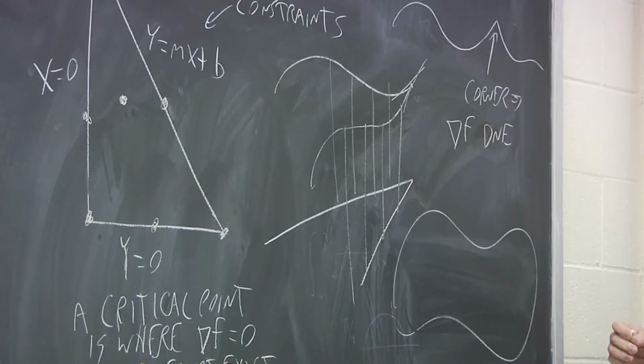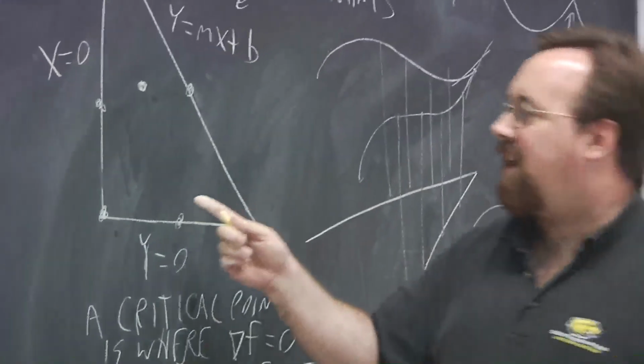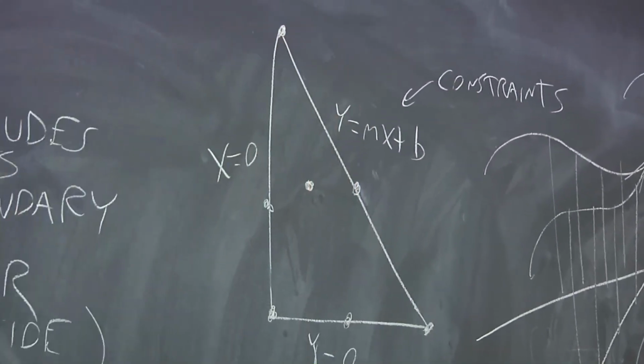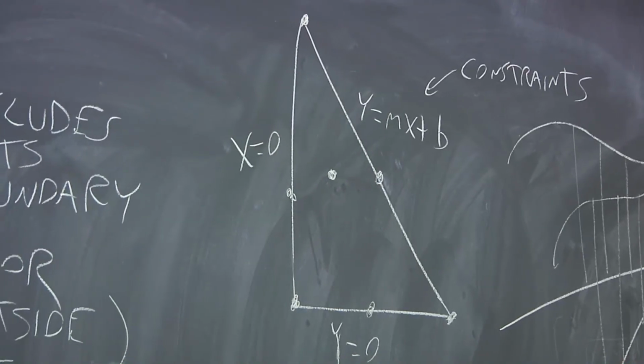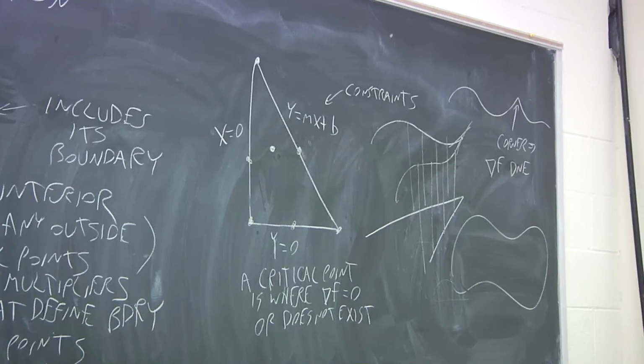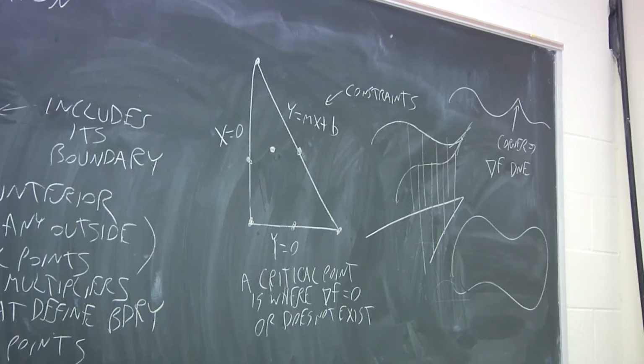But if you are trying to find a max or min on a polygon or any shape that has vertices, that's why you need to include them, because there are points where the gradient of a function does not exist.